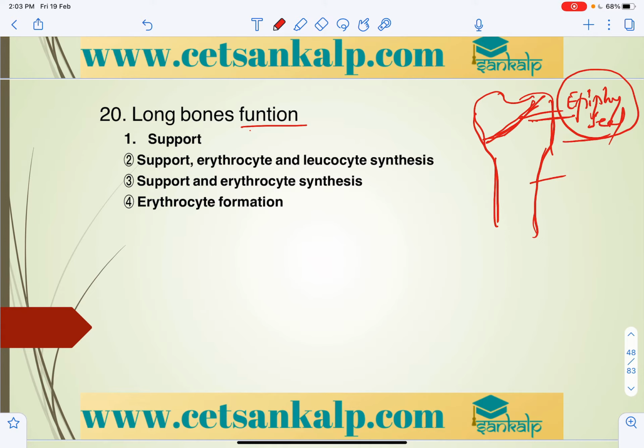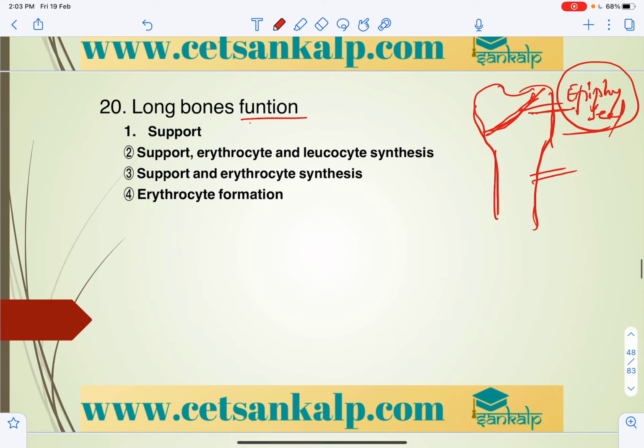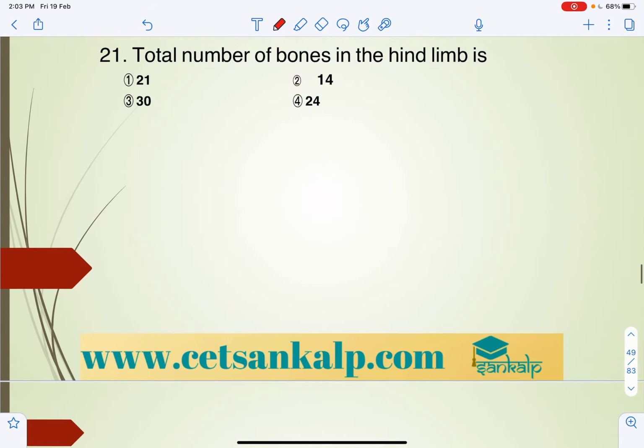Long bones also support and bear the weight of the body, and the bone marrow helps in the synthesis of WBCs and RBCs. WBCs are leukocytes, RBCs are erythrocytes. So the answer is supports, and erythrocytes and leukocytes synthesis.